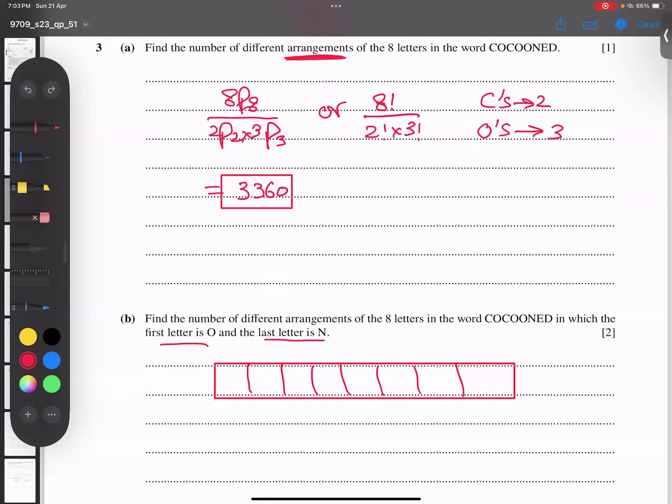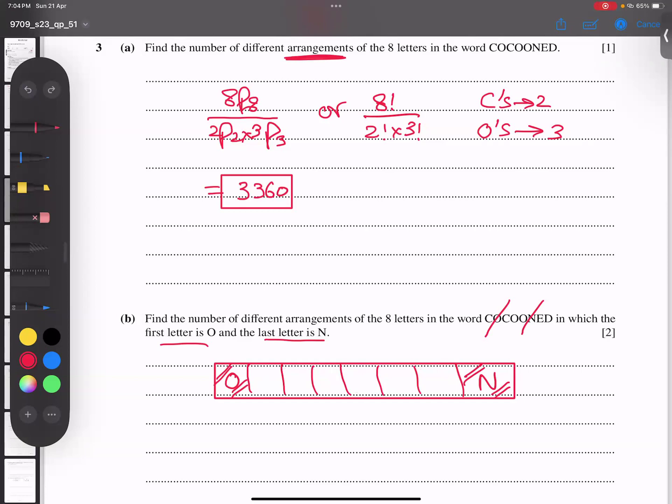He said starting with O, ending with N, so these are blocked, an O block here and an N block here. The blocked letters we never use in calculations. So one O is gone and one N is gone. How many are left? 1, 2, 3, 4, 5, 6 left.